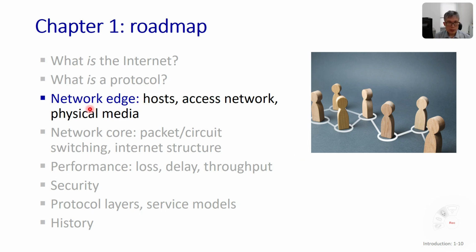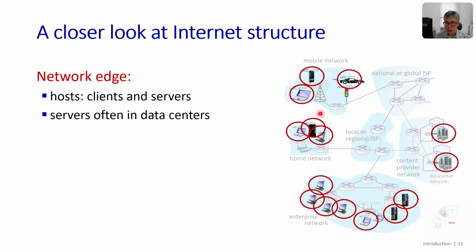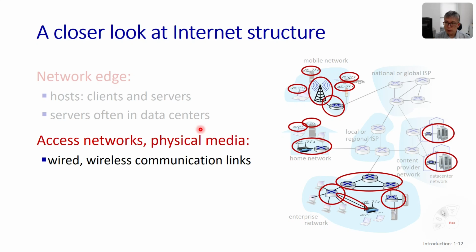Next is the network edge. So we have end systems here, and these are called the edge. We have hosts, clients, and also servers. And servers are often located in data centers like Google, Amazon, something like that.